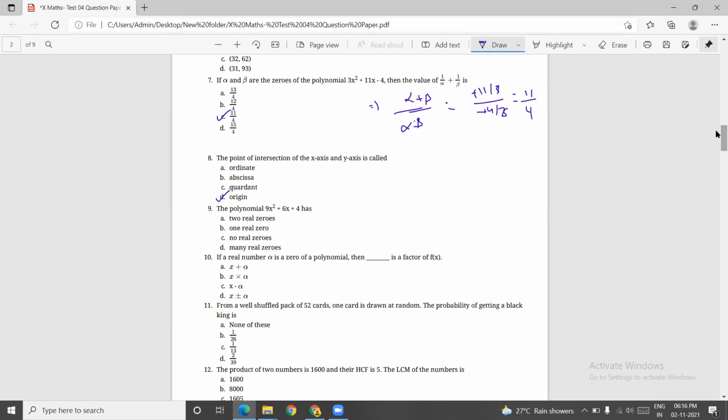Polynomial 9x square plus 6x plus 4 is having. So he is asking about the nature of the roots. For the nature of the roots, calculate the b square minus 4ac value. B square is 36 minus 4 into 9 into 4. So what am I getting?